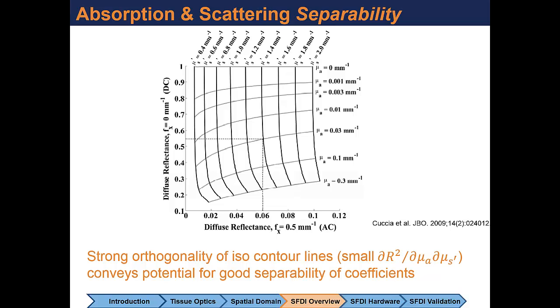Please correct me if this is wrong, but if you think about the partial derivative of your observable function as a function of these two parameters, absorption and scattering, that tells you about the orthogonality of these lines. So what you can imagine is, if I make a measurement here and I make a measurement here, I can look up and get an exact value for absorption. There's a lookup table. We can use just two frequencies to calculate optical properties with this method.